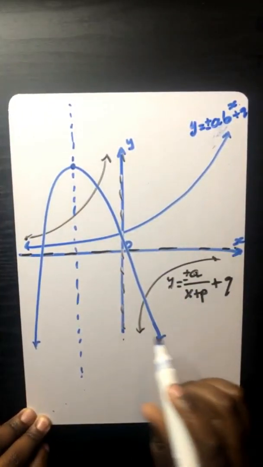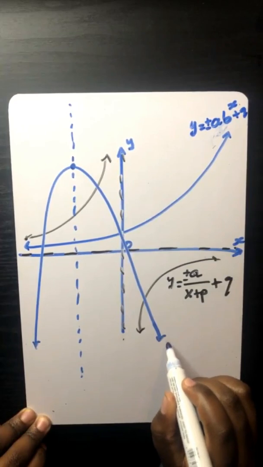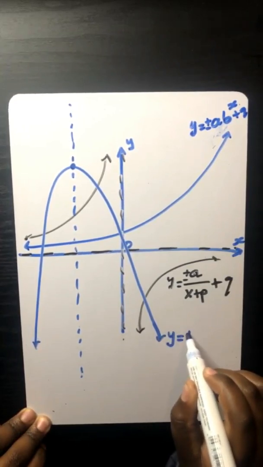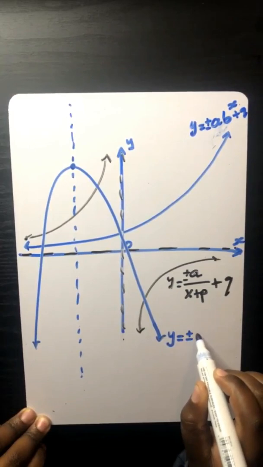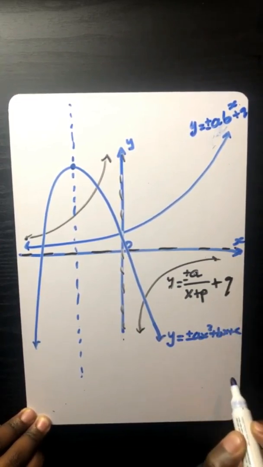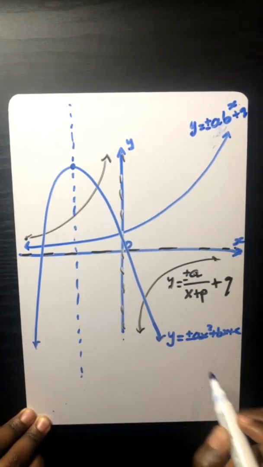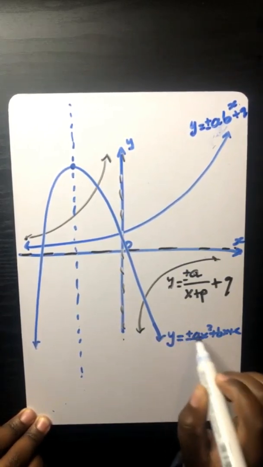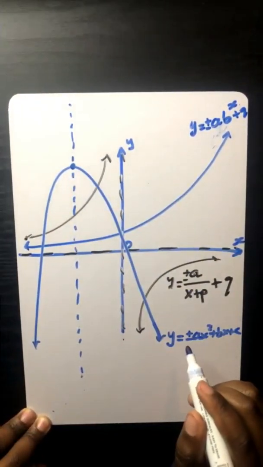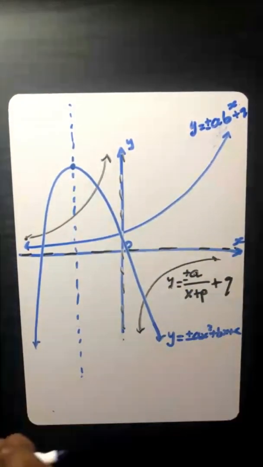So let's see. The equation for this one could be y equals, positive or negative, ax squared plus bx plus c. Because of that, it influences the shape. Which other function did I miss, guys?